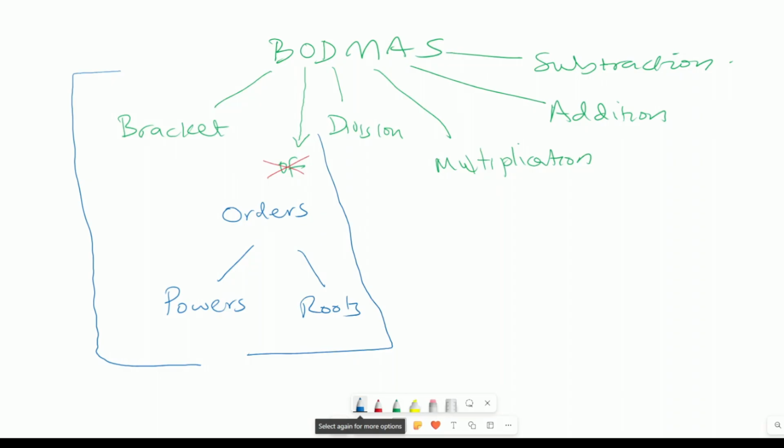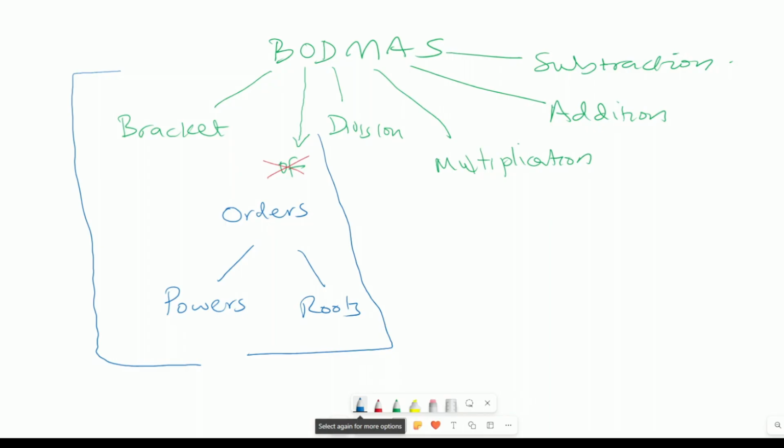Okay, so when you encounter any mathematical problem and you are required to carry out multiple operations at the same time to solve a particular problem, you know what to do first. If there are brackets in that question, you will solve whatever is in the bracket first before you go on and do anything else. If you don't, you will end up getting a wrong answer.